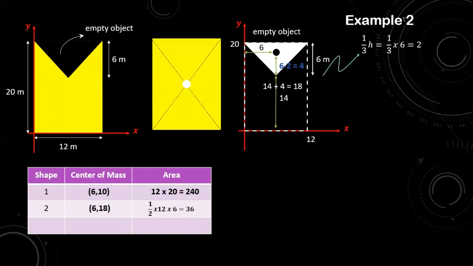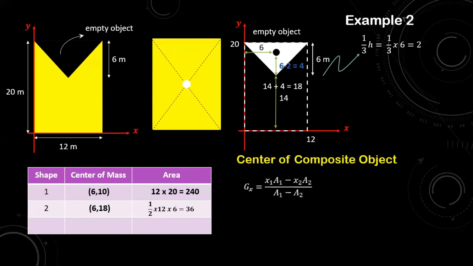Okay, students, now our job is to finalize this calculation, the center of the composite object. The first is gx, x1 a1 minus x2 a2 over a1 minus a2. Why do we have to put the minus? Because this triangle is an empty object. Once again, why do we put the minus sign?